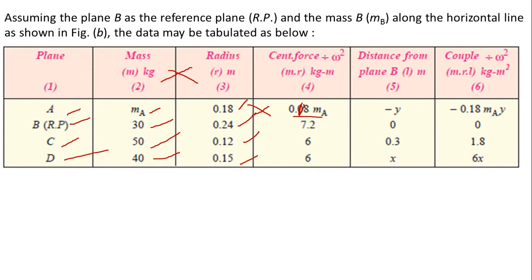Then 30 into 0.24, you get 7.2. 50 into 0.12, 6. 40 into 0.15, you get 6.